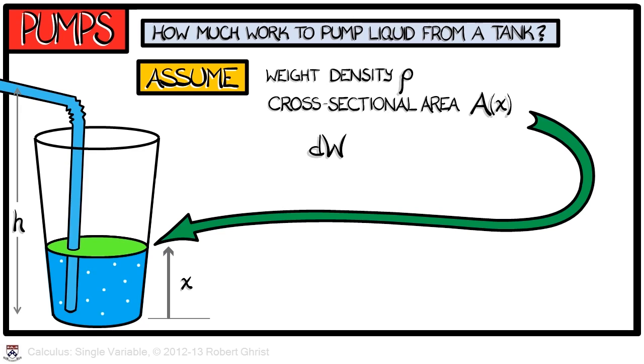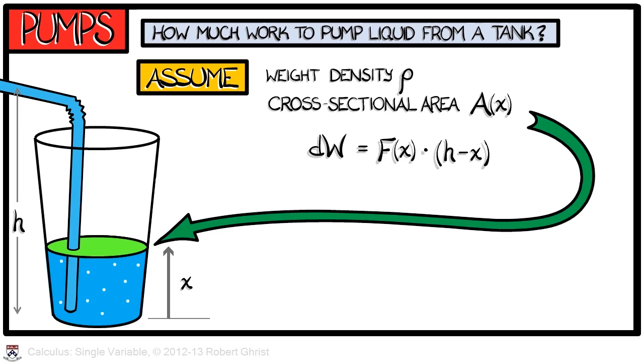Then, what is the work element? If we take one slice of fluid at this level x, there's some force involved in moving that up. How much? A distance, h minus x. That's the distance from that slice to where the pump exits.